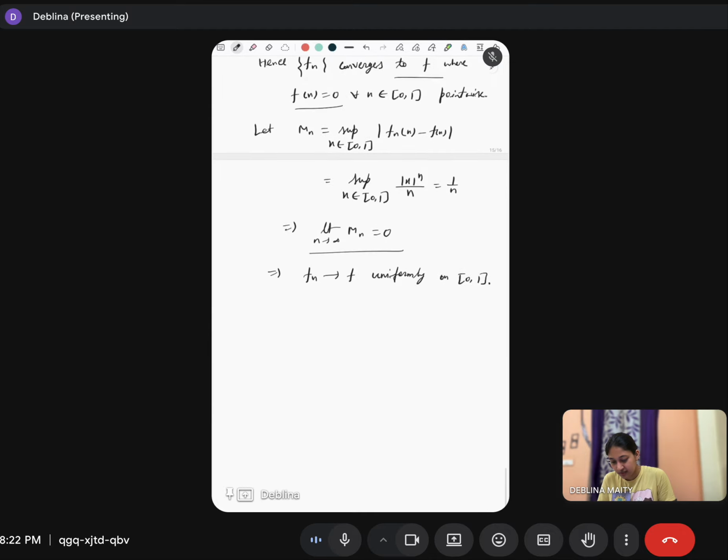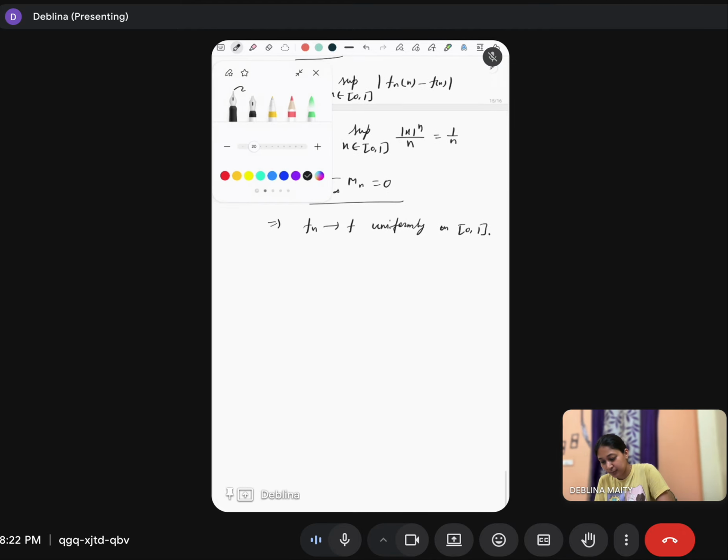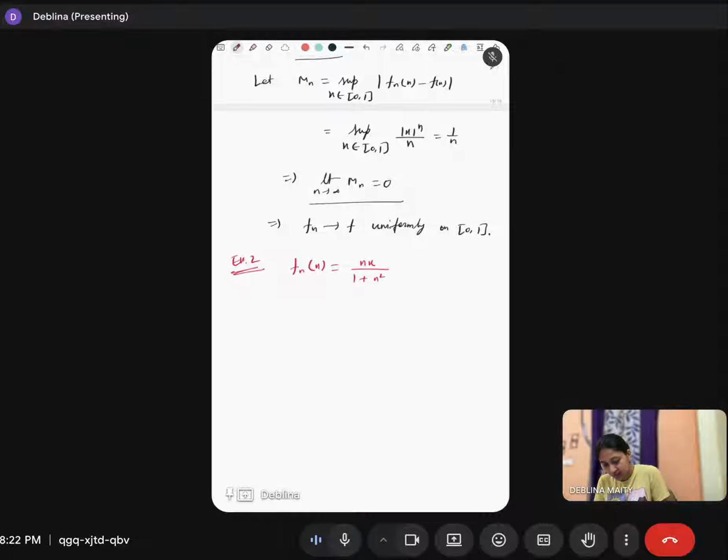Okay, let's go to the next problem. The next problem is fn(x) equals nx by (1 plus n squared x squared), where 0 less than or equal to x less than or equal to 1.